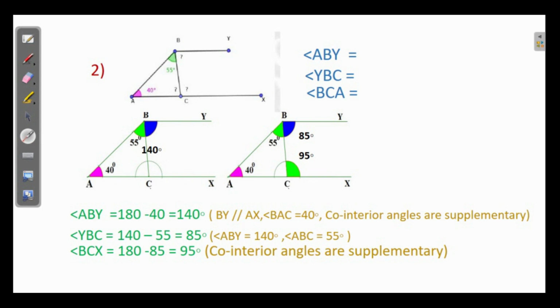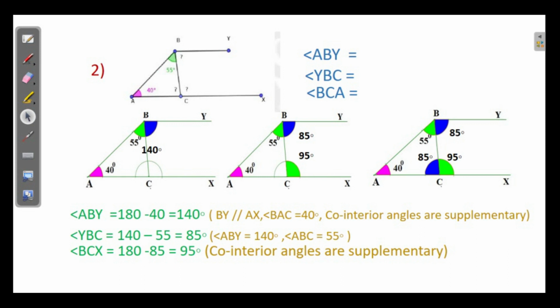The next one we have to see is angle BCA. We have just seen now itself. What is it? Either as linear pair or, this is more easy, 85 and 85. Alternate interior angles are equal in parallel lines. So that angle is 85 degree.